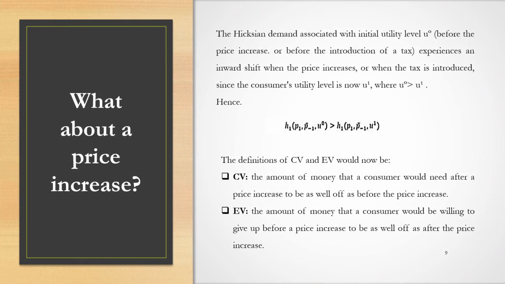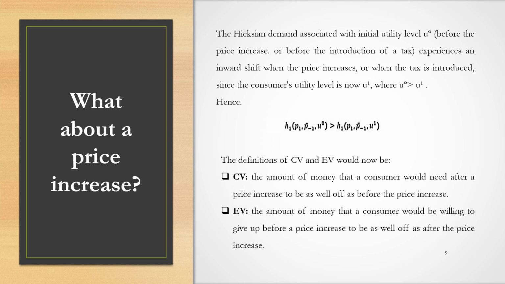Now, in case of a price increase, a reverse case will be seen here. Our Hicksian demand curve will shift inward, and our Hicksian demand curve associated with U0 will be greater than the Hicksian demand curve associated with U1. The definitions of CV and EV will also be reversed here.